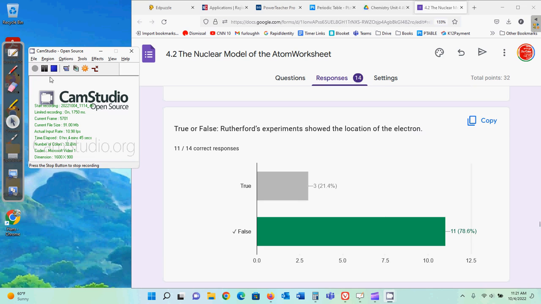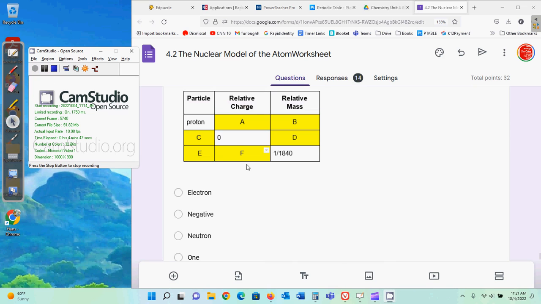All right, so with this one, you had to fill in the missing information. Since the first one says proton, we know the charge is positive, and we know the relative mass is 1. So this second particle, we don't know what it is at first, but we know that it has a charge of 0. So it must be the neutron.